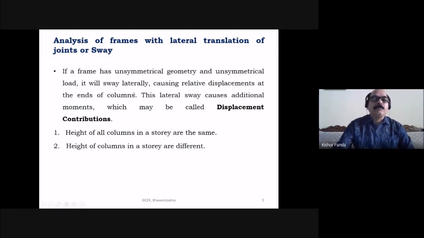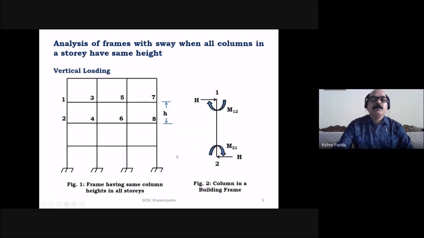This frame can be analyzed when the heights of all columns in a story are the same, and when the heights of columns in a story are different. When all story heights are the same, this is the case. Here you see this is a frame having the same column height. In each story, this is one story, this is one story, this is one story, and this is one story, the column heights are the same.